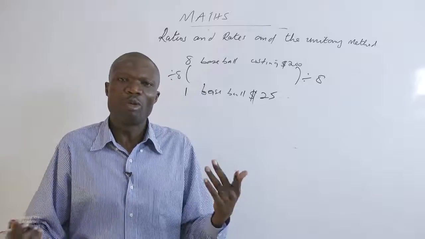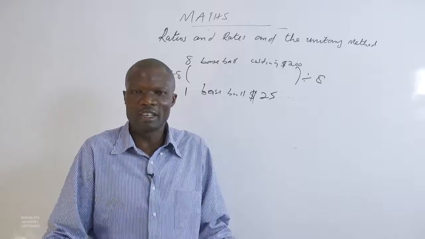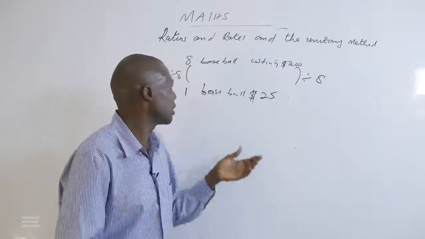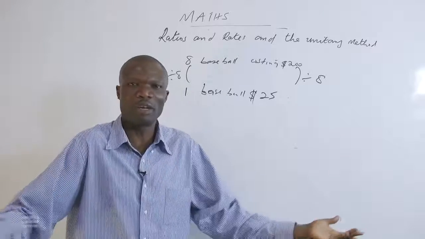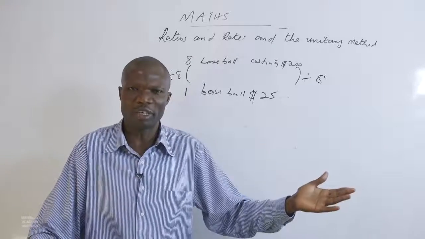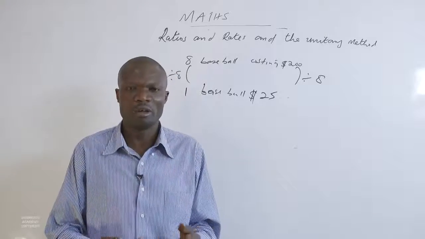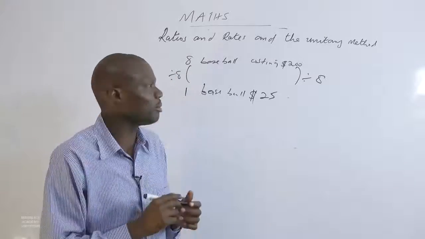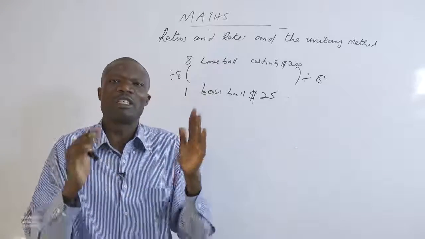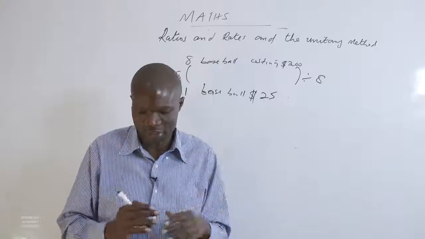For example, what is the cost of 100 balls? It will just be multiply everything by 100 and you get $2,500. What is the cost of 5 baseballs? So unitary method, finding 1 unit, is very, very important.